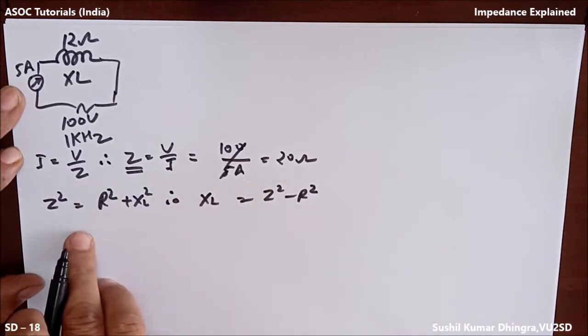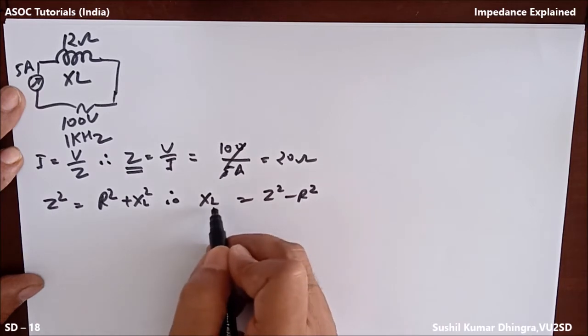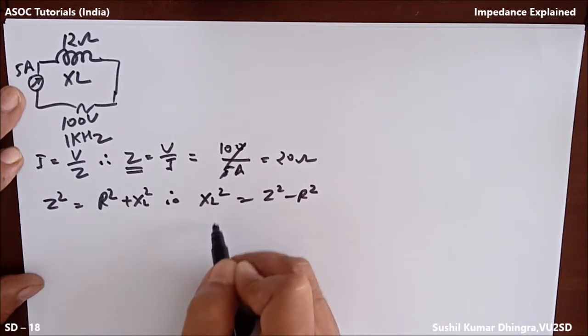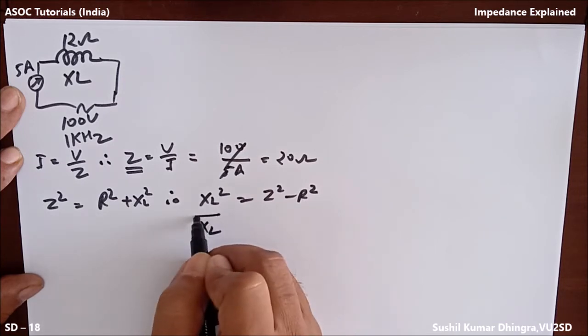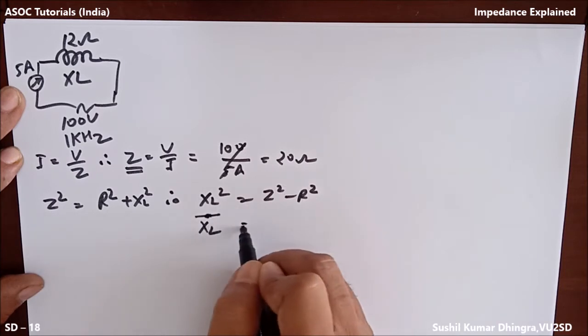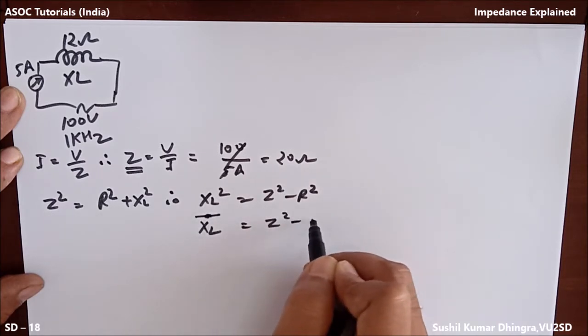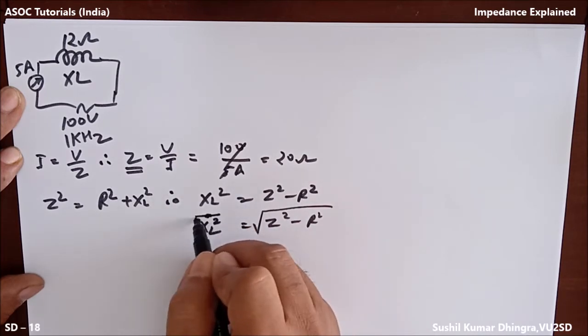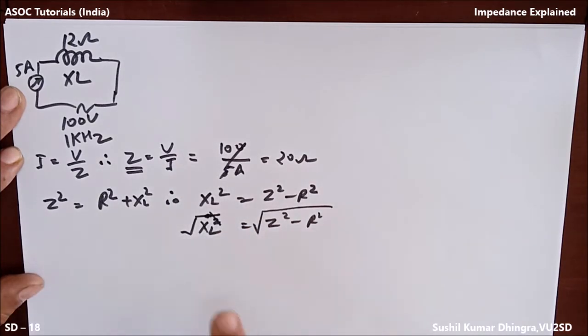So this is the change in equation. Now I need XL. So XL is equal to Z square minus R square whole root, because the square and root will cancel each other.